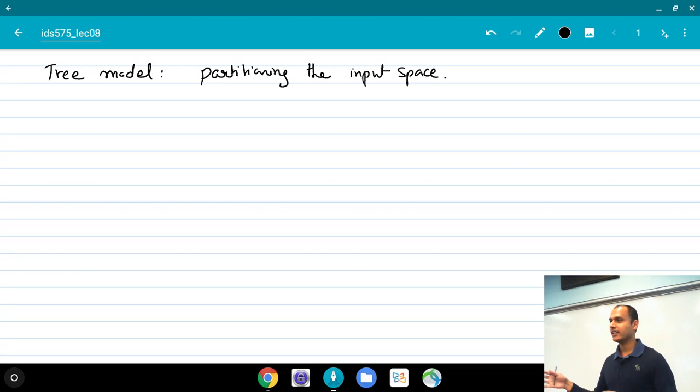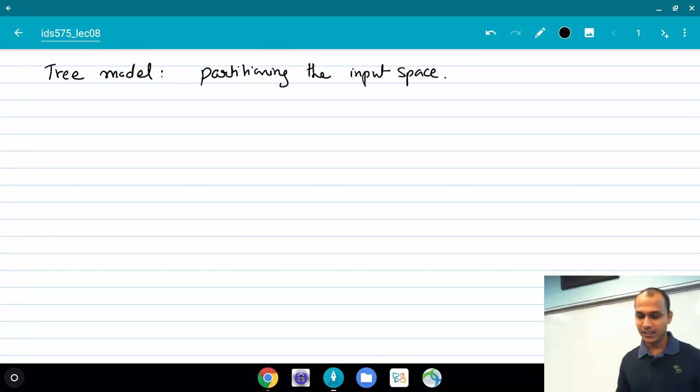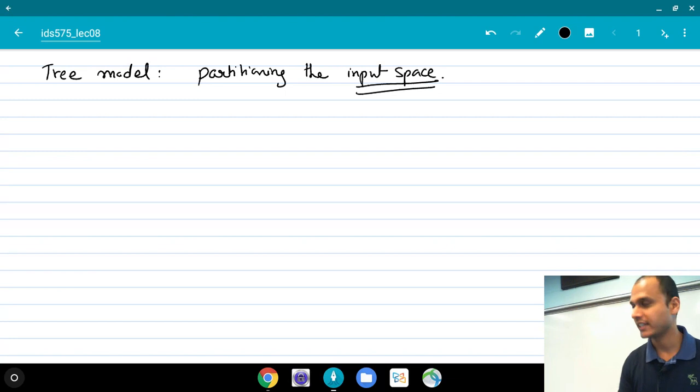And each feature, let's say, is bounded, taking values between 0 to 1 or 0 to 100, whatever. Each dimension has some range, basically. Collectively, I'm just calling it the input space.